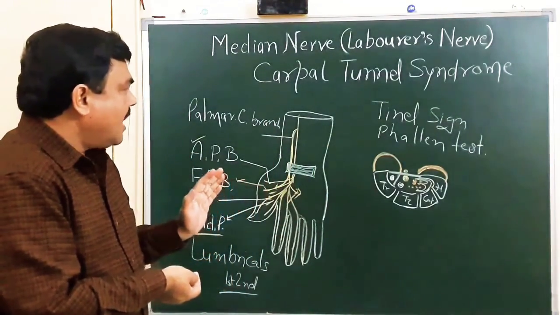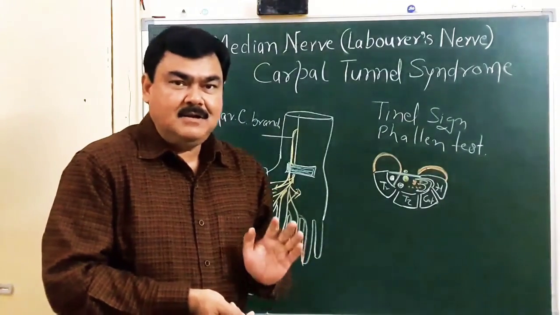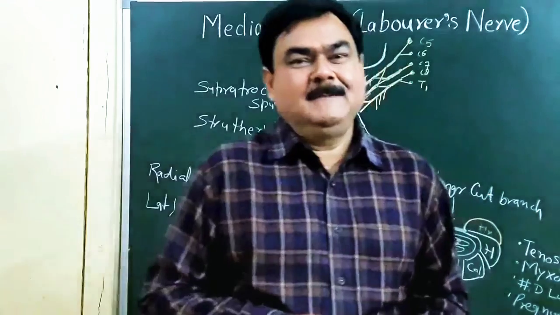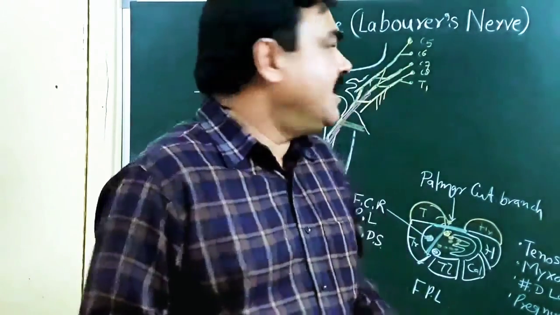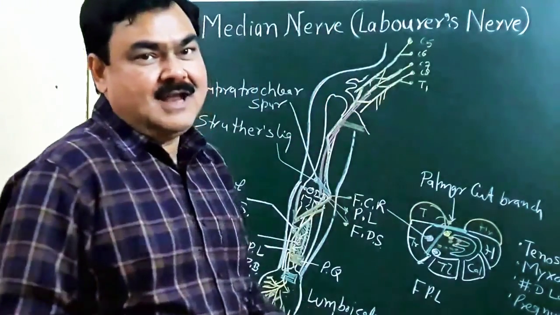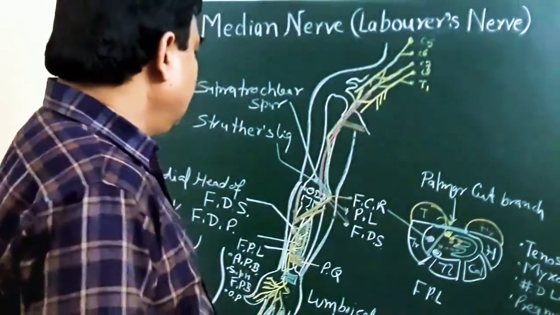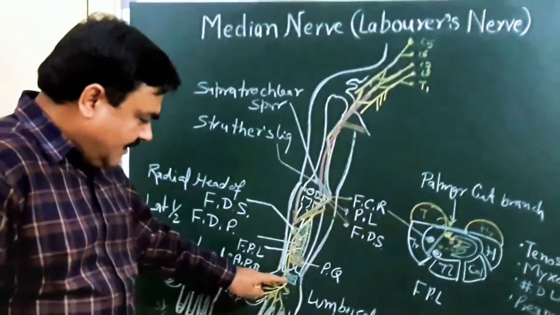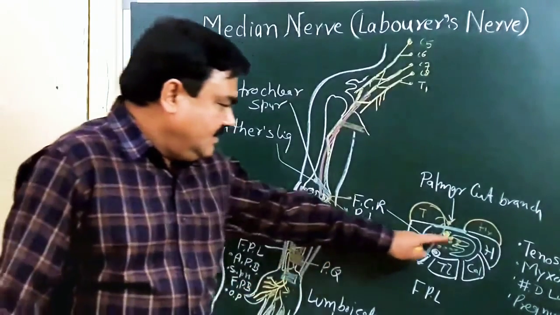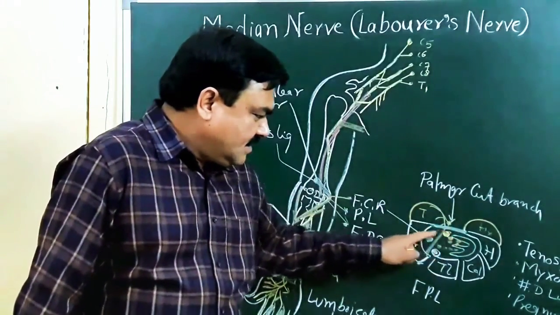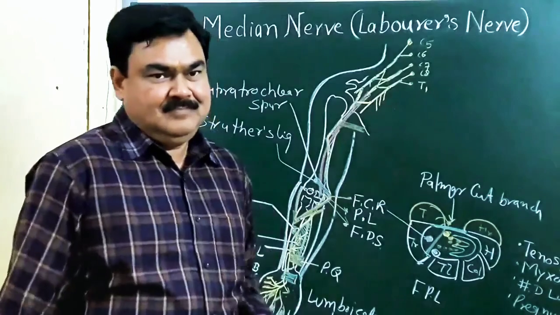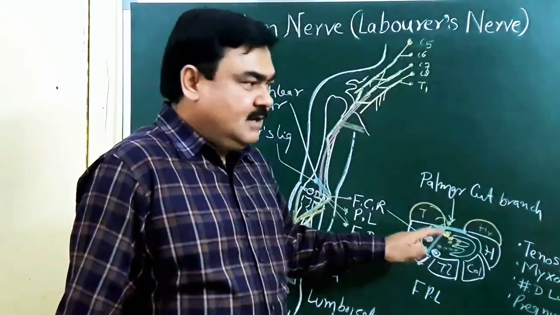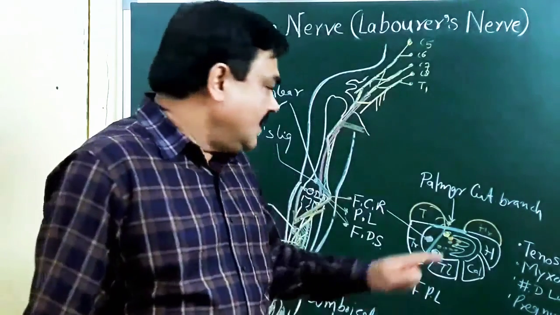So this is all about carpal tunnel syndrome. Now we'll discuss the clinical importance of the median nerve. First of all, in this diagram, this is the carpal tunnel. This tunnel is formed between the carpal bones and the flexor retinaculum.